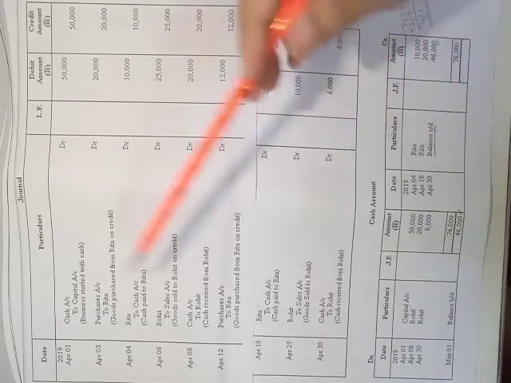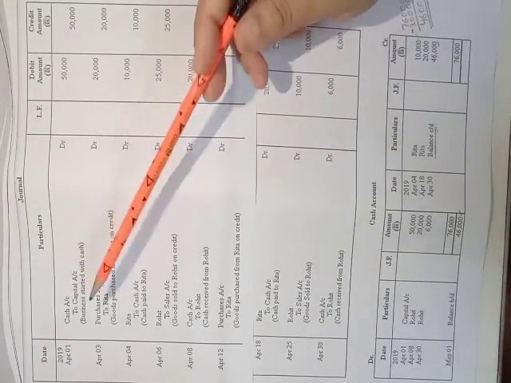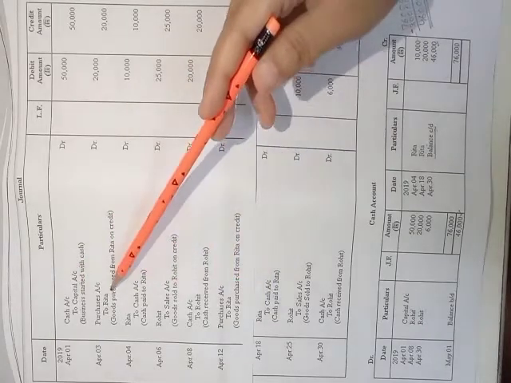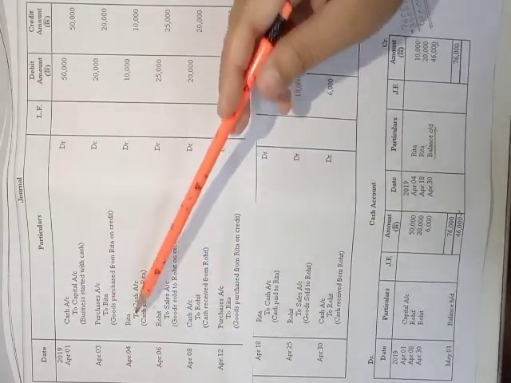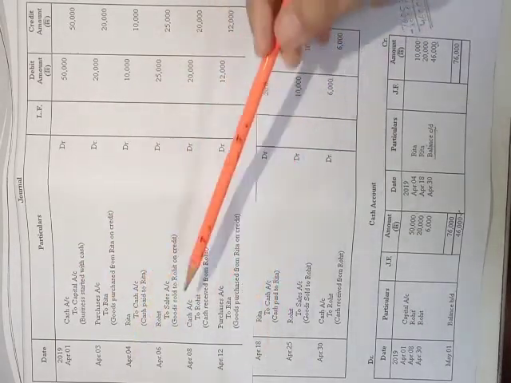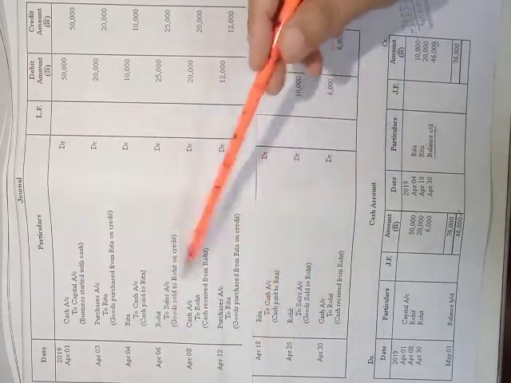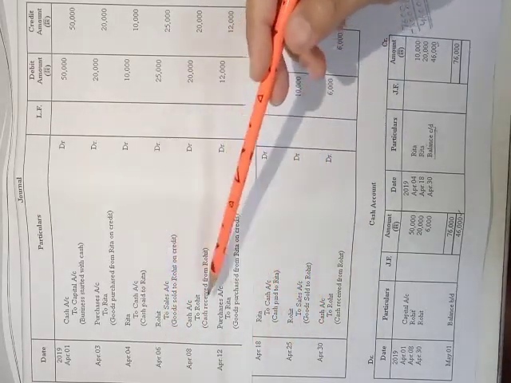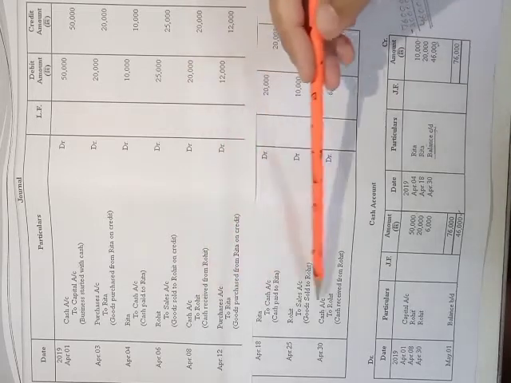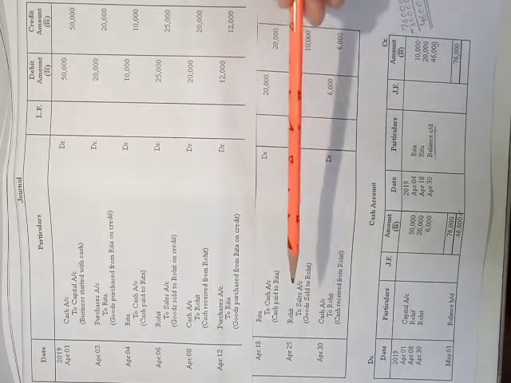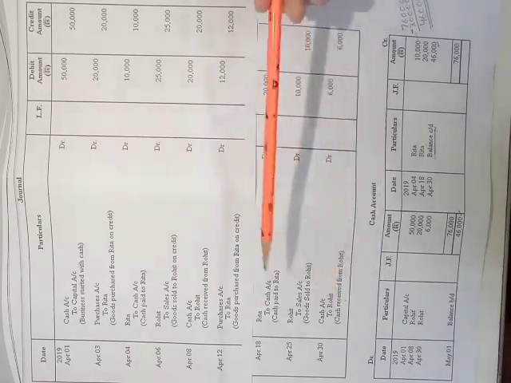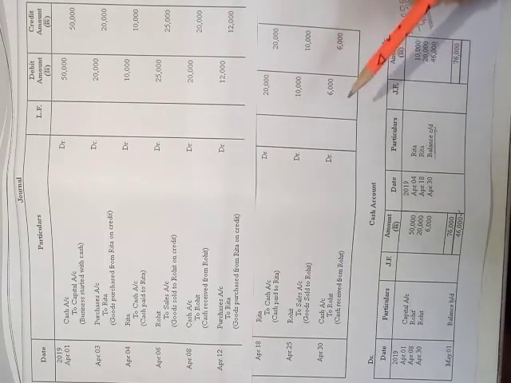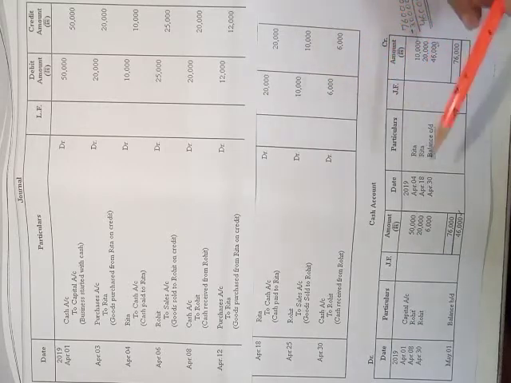Now in the same way we will prepare the capital account, then we will prepare the purchase account, Rita's account, then Rohit's account, and the sales account. Beta, in this way, all the transactions are posted into different accounts, and by finding the balance at the end we will come to know how much purchase has been made.